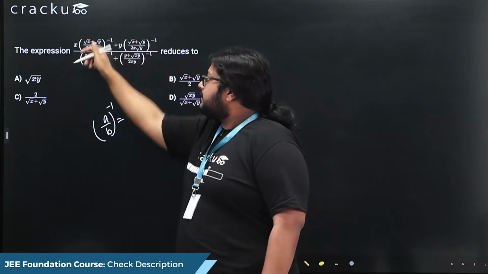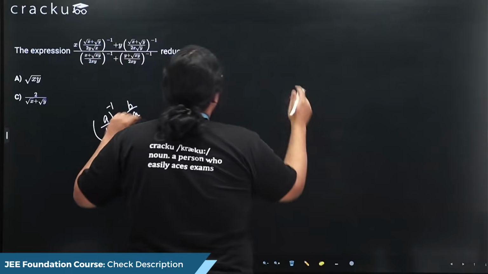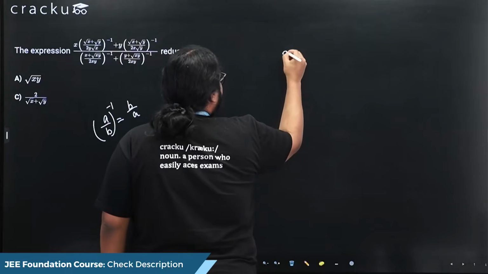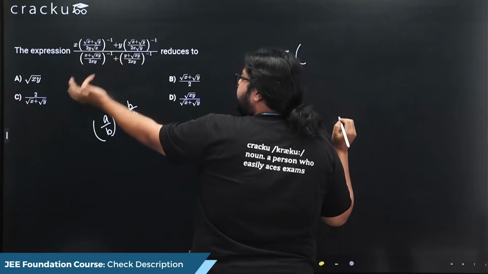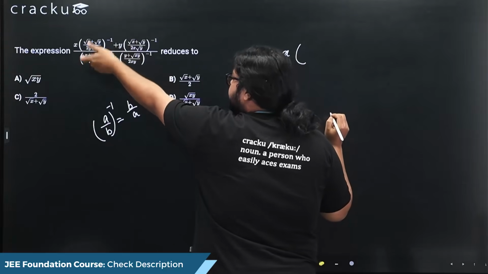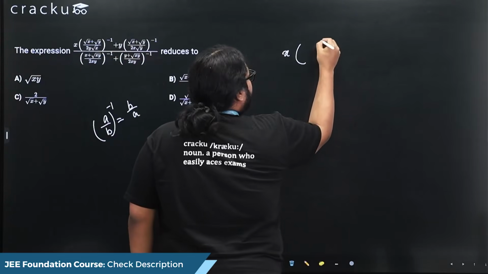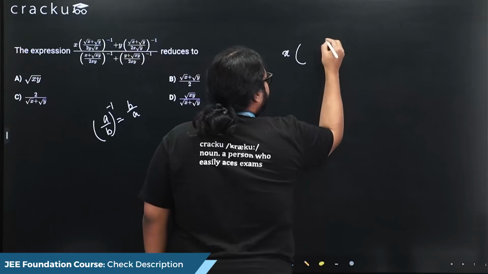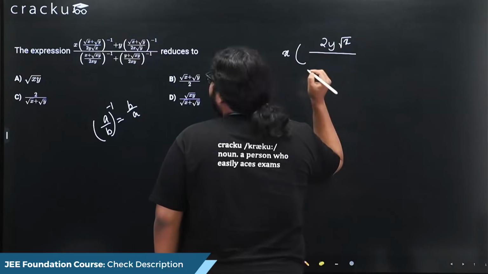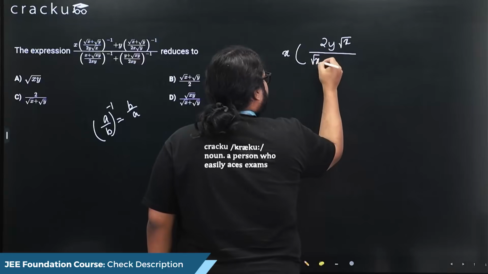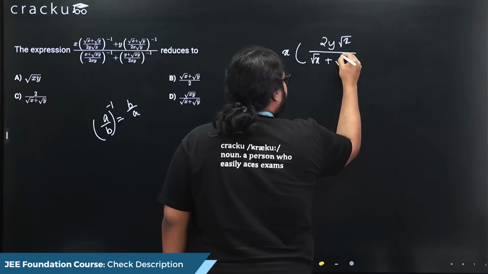We'll use this to simplify. So this expression, we'll just write it here, x into x square plus y square by twice y root x whole to the power minus 1. We'll just flip it up. So this becomes twice y root x divided by x square plus y square, root over x plus root over y.